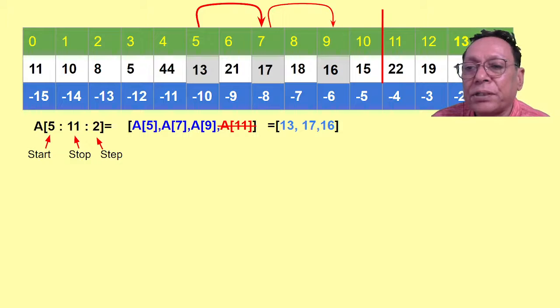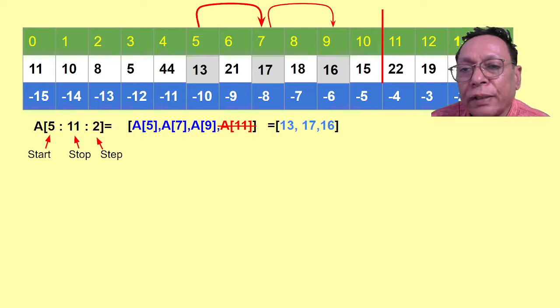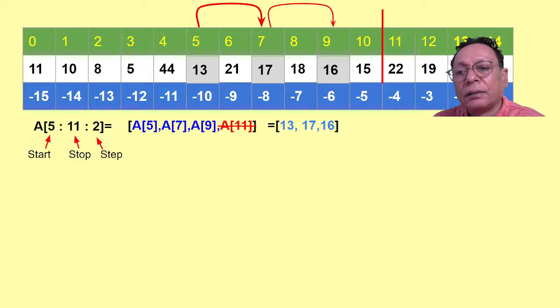So 11 will be excluded, and this will go up to 9. So you will extract 3 values as the slice. These 3 values are 13, 17, and 16. It was a step of 2, and that is why this is the picture.